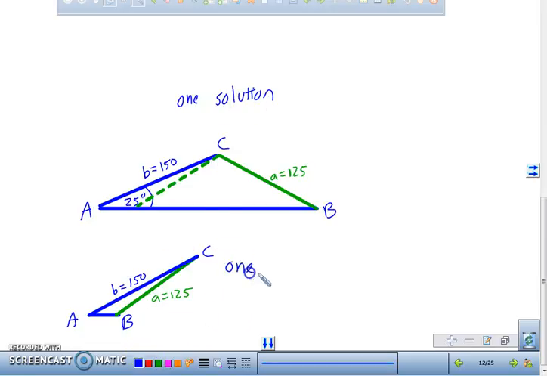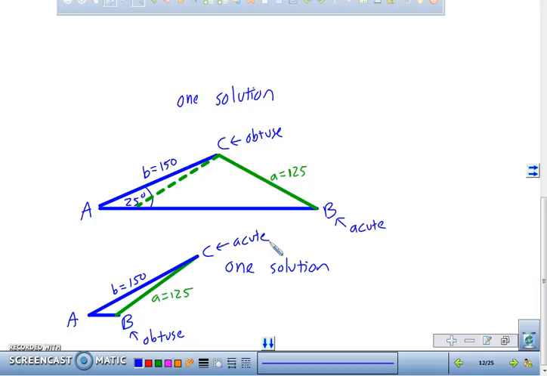This is one solution. Now, this angle B is obtuse. This angle B is acute. This angle C up here is obtuse. And this angle C right here is acute.